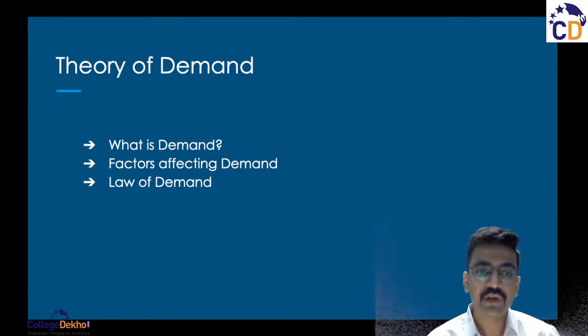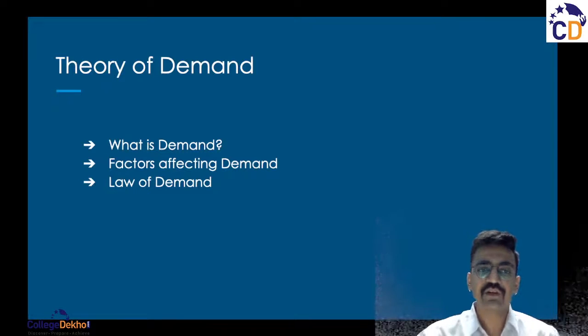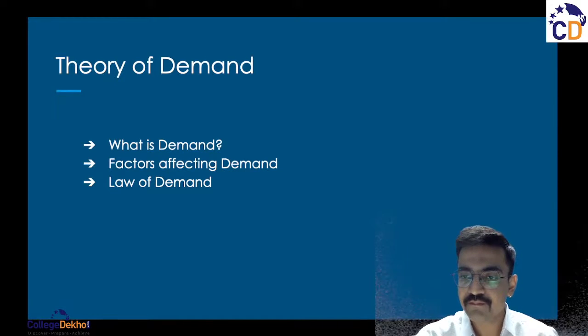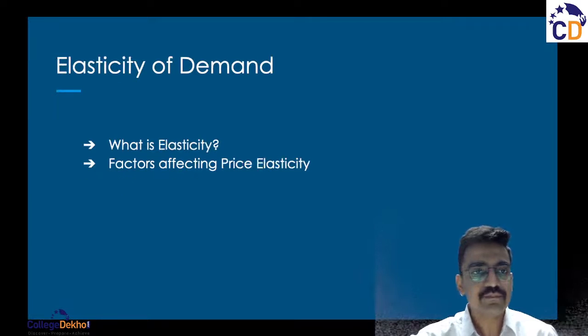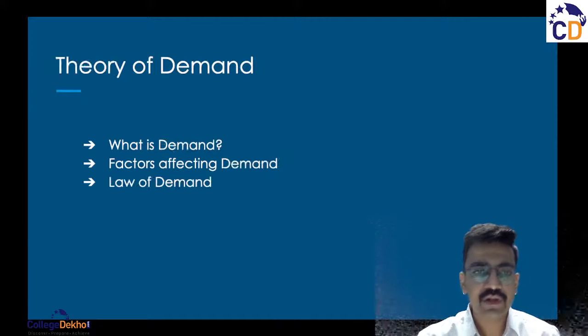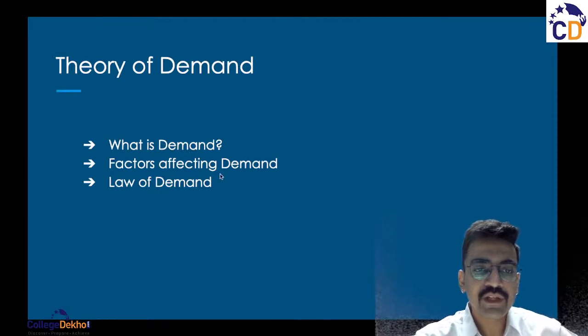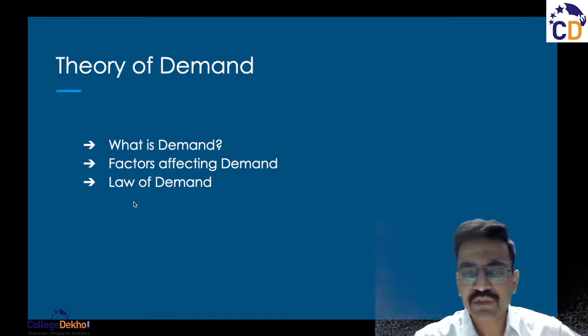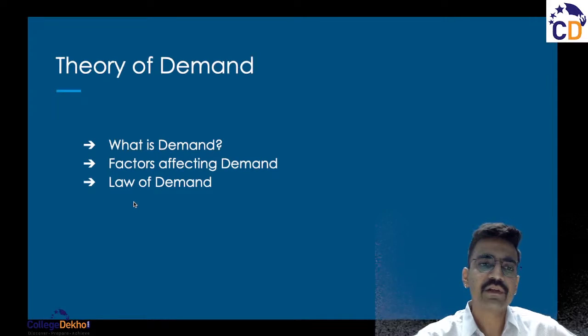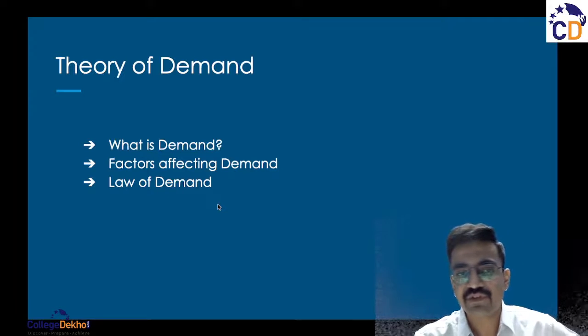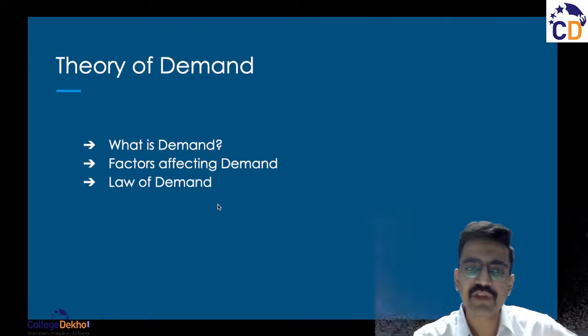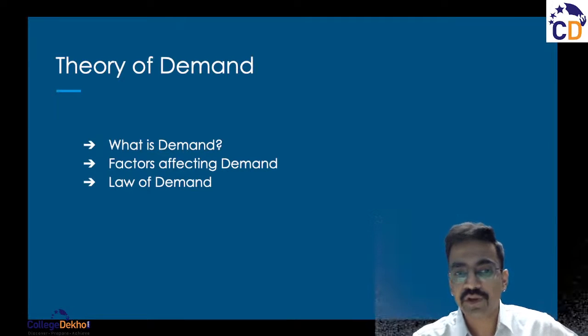This is what the law of demand basically explains, right? Now again, there are various other exceptions that exist in the law of demand, but this definition was just to give you a basic understanding of what the law of demand means.